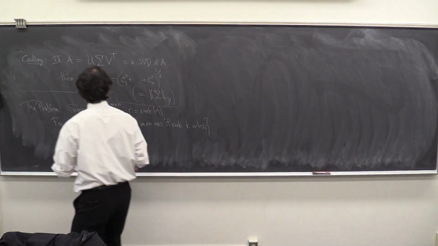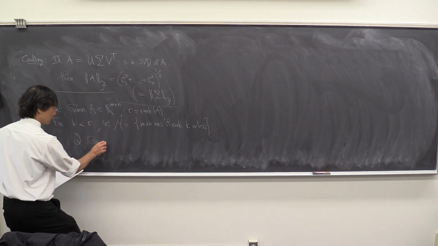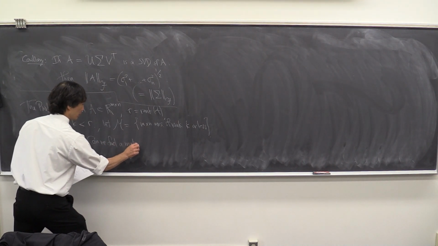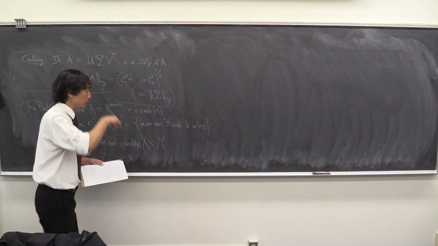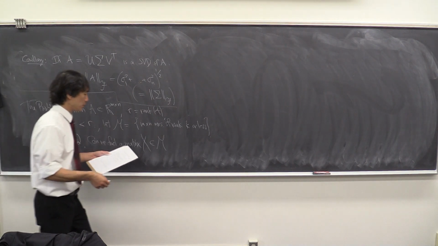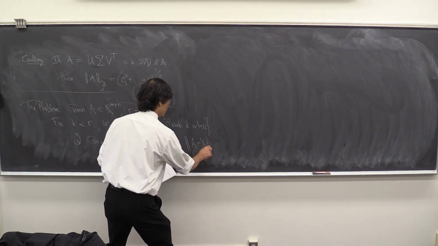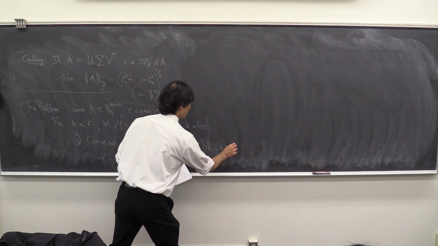So the question is, can we find a matrix X in those lower rank matrices such that the distance between A and X is minimal?